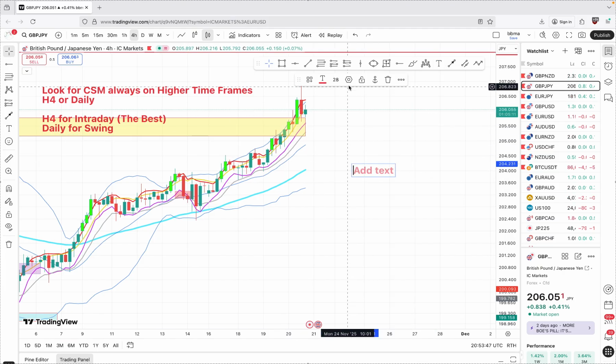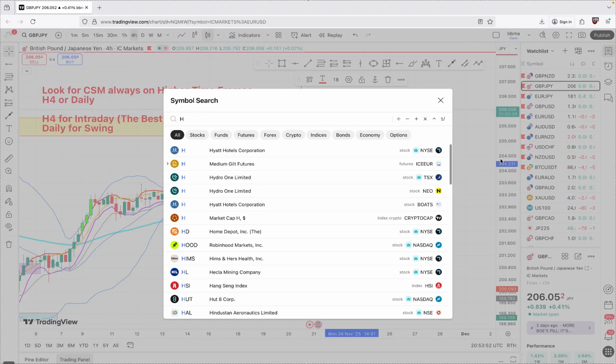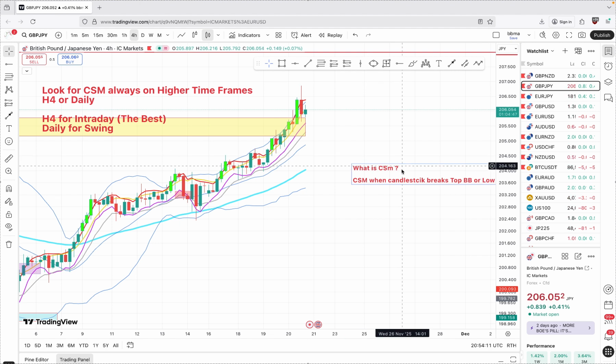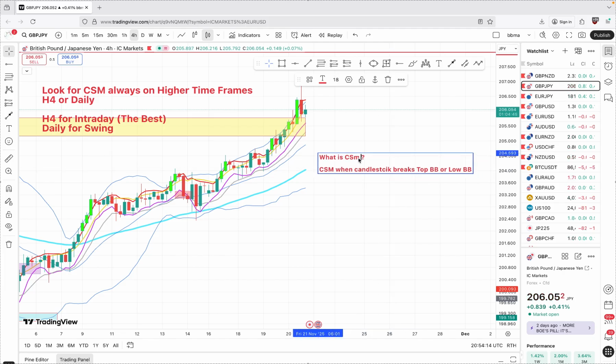Anyways, I was explaining what is CSM. CSM is when a candlestick breaks top BB or low BB. I have already explained it in my PDF, but I'm quickly writing it over here.